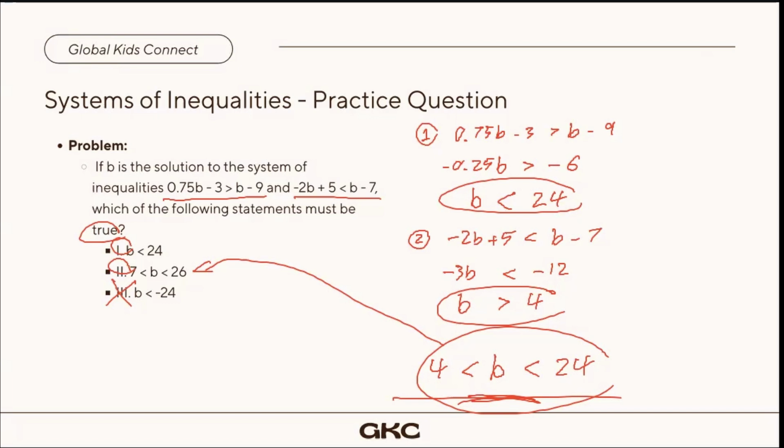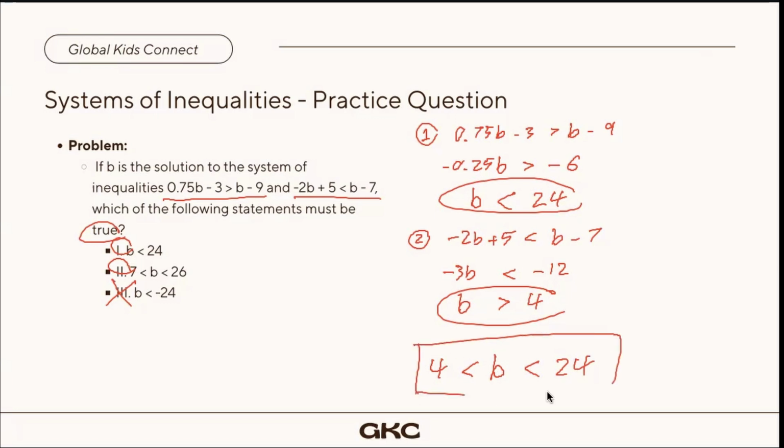Okay, so I'll explain more in detail about that. We found our general inequality here. Because these two came from inequalities one and two, this general inequality must always be true. Knowing that, we can look at the statements given in the problem: one, two, and three.